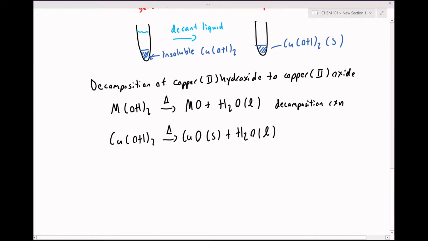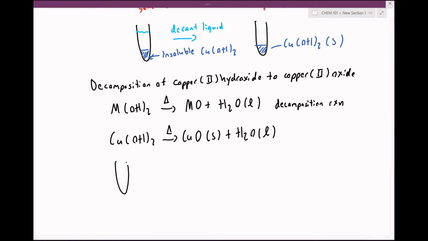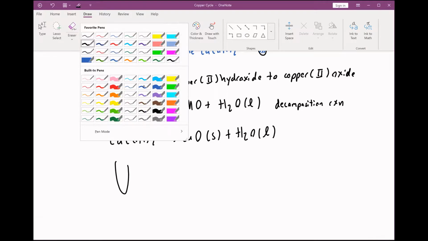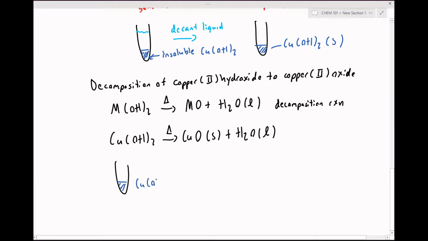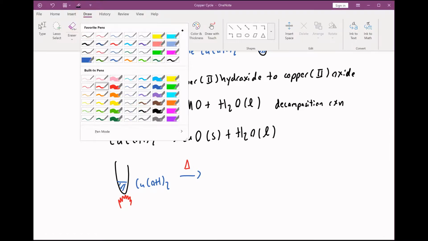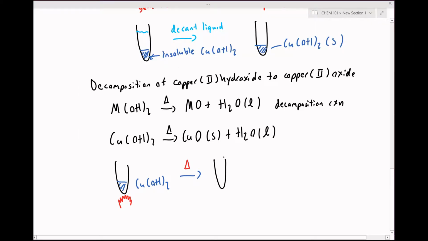So if we take our test tube containing our copper hydroxide and expose it to a light Bunsen burner flame, some heat, we will quickly generate a characteristic dark solid of copper oxide, with our water just escaping out of our test tube. So this is a classic decomposition of a metal hydroxide.